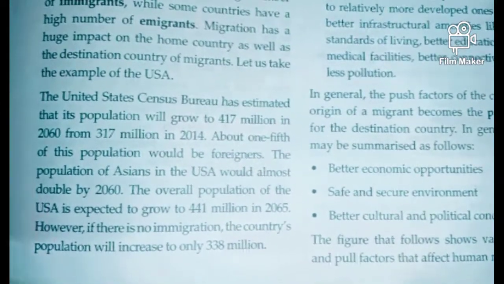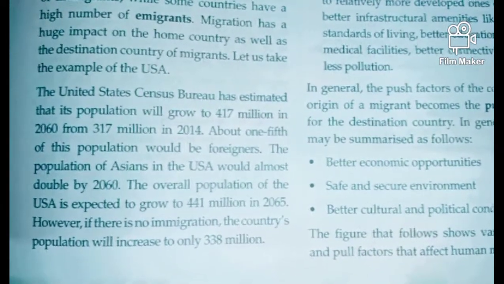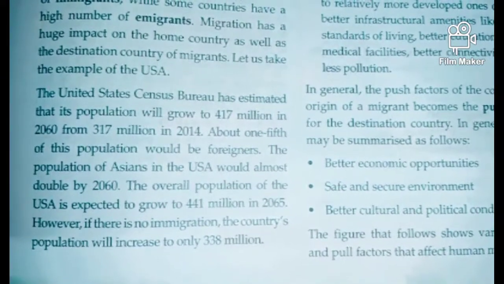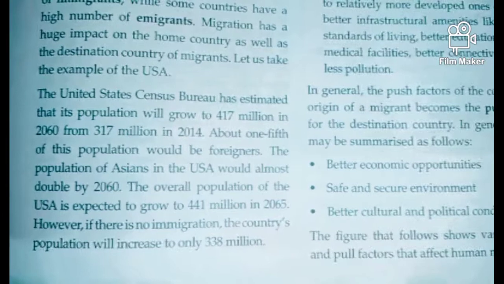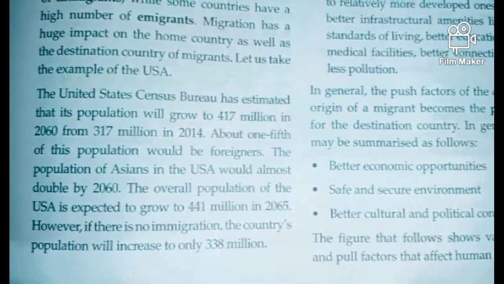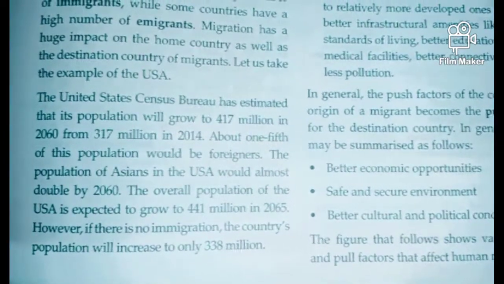And it is already mentioned here. The overall population of the USA is expected to grow to 441 million in 2065. However, if there is no immigration, the country's population will increase to only 338 million.